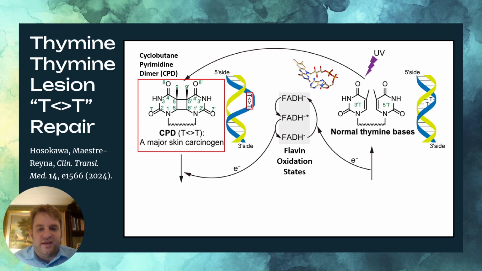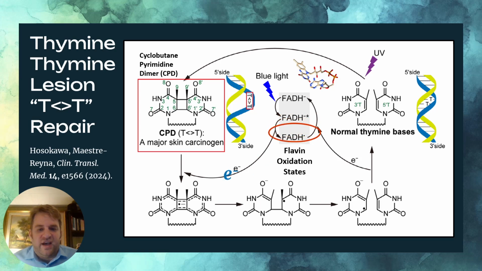Now, luckily, if the photolyase comes along with its FADH cofactor in the fully reduced state, another photon of blue light can be absorbed by the FADH cofactor, and now an electron can be produced from its excited state and travel down to the damaged thymine dimer, leaving an FADH radical behind.